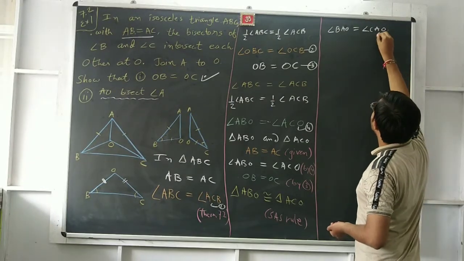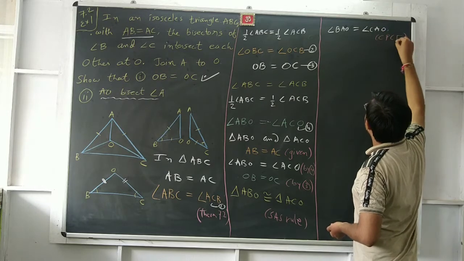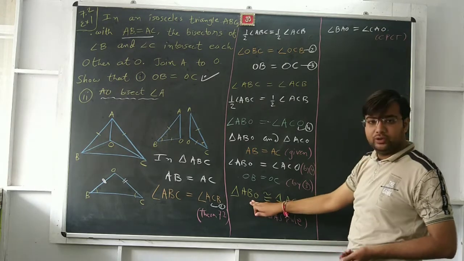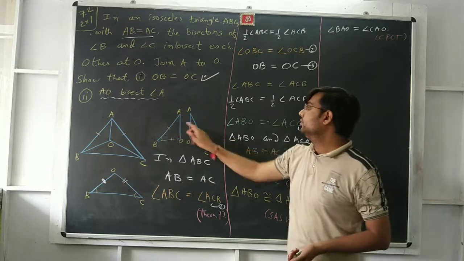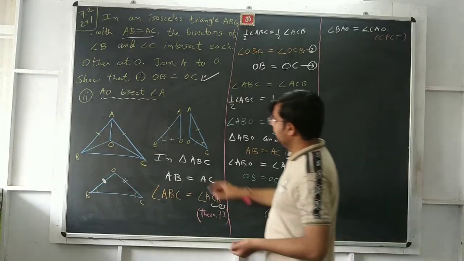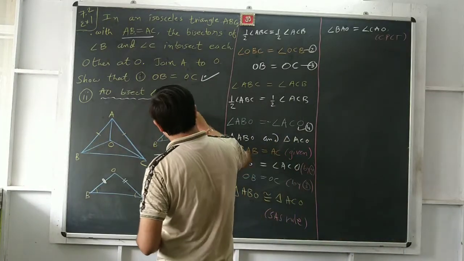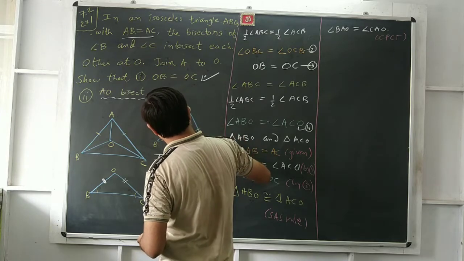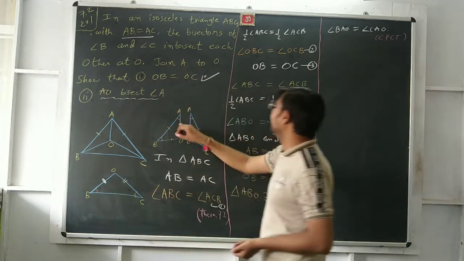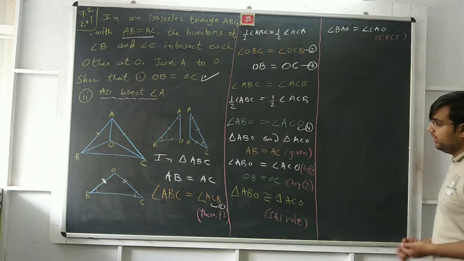This is the same because of CPCT, since both triangles are congruent. So angle BAO, this angle, and angle CAO, this angle, are both the same.